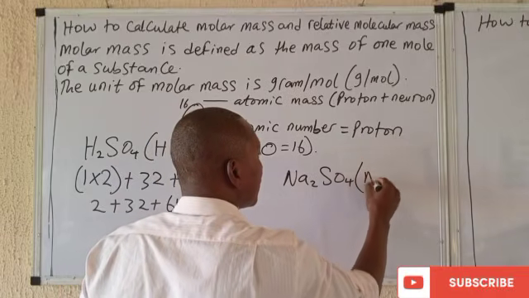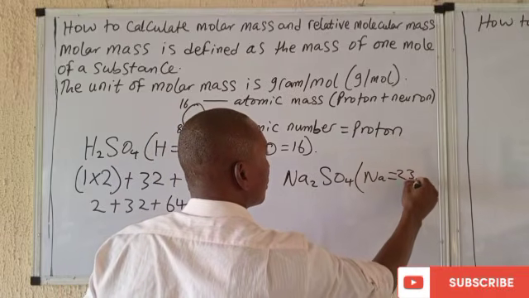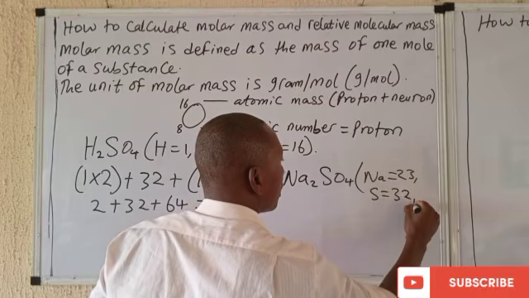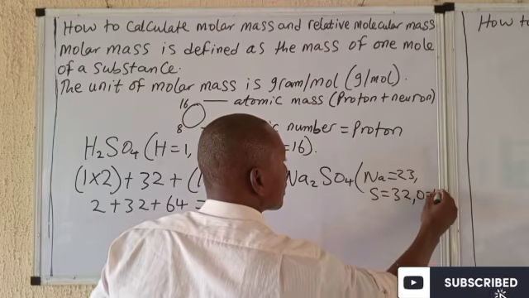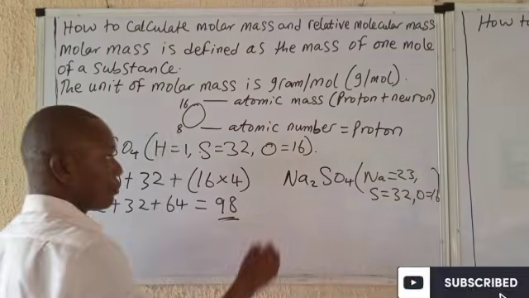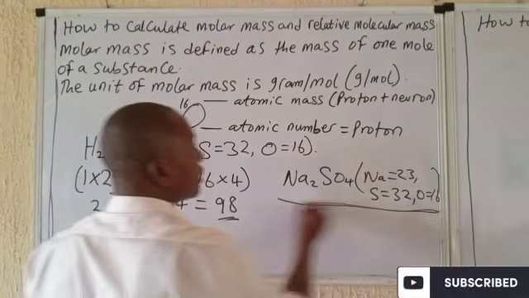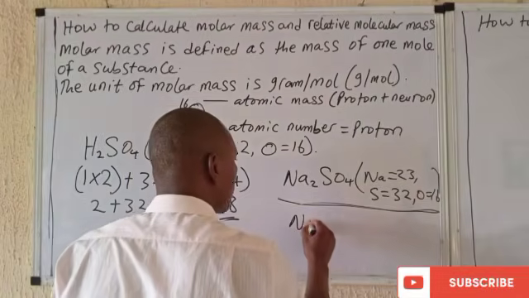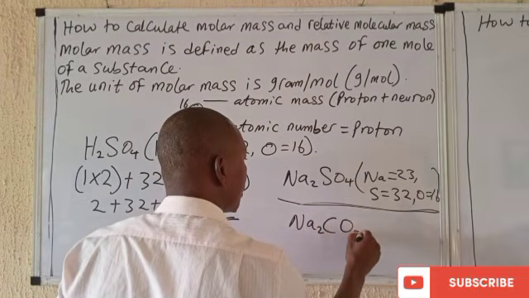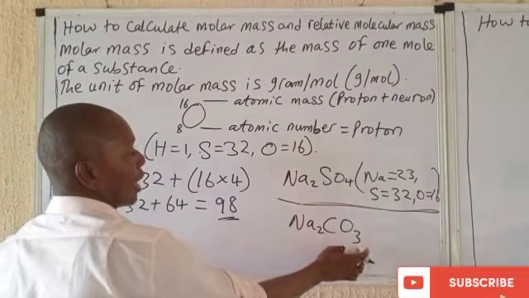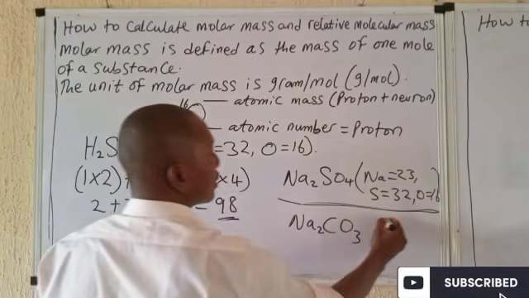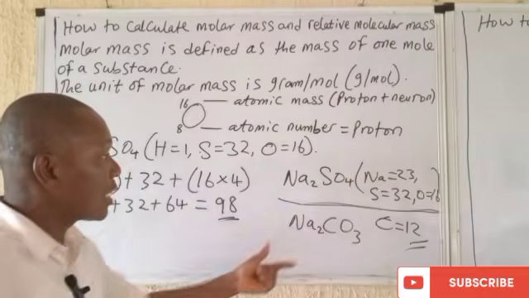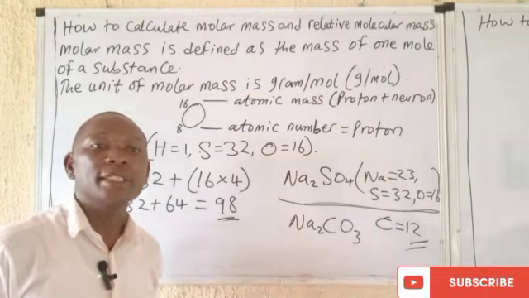Note that Na is 23, S is 32, and O is 16. Calculate the molar mass and the relative molecular mass of this, as well as Na2CO3. Remember, you already have S and O here, but C is 12. So you have the constants that you need, and you can drop your answer in the comment section.